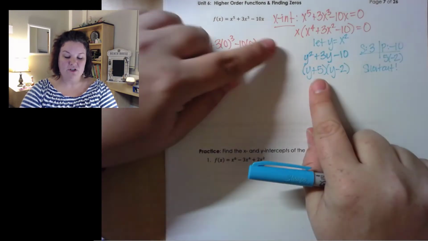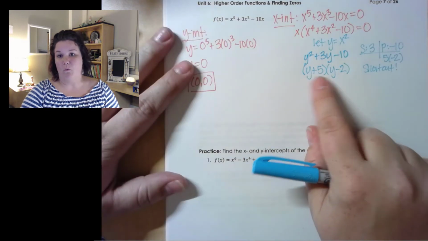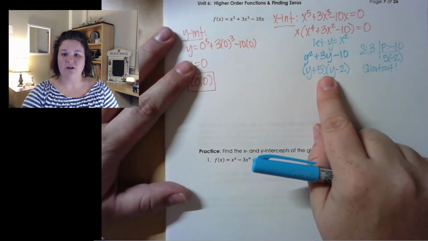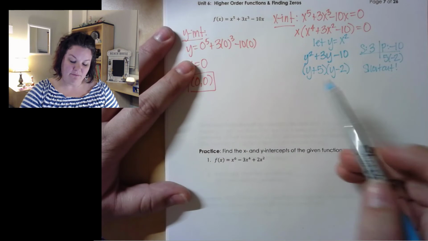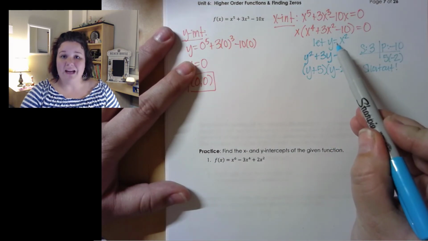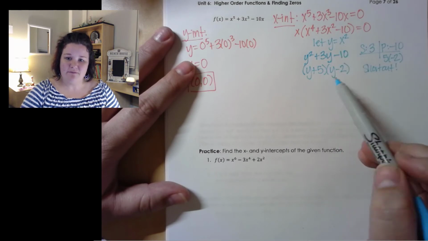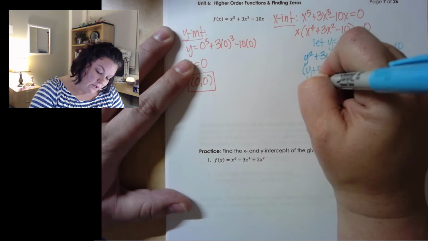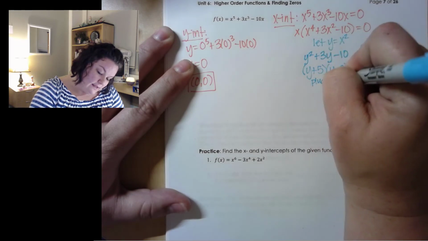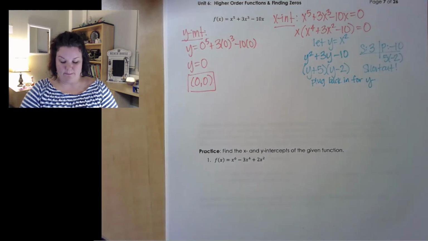But remember, in our original problem, we're solving for x-intercepts, right? So I really don't want y's in here now that I have it factored. So what that means is I need to go ahead and plug back in what we let y equal. Y was representing x squared. So whatever y was, we need to plug it back in.